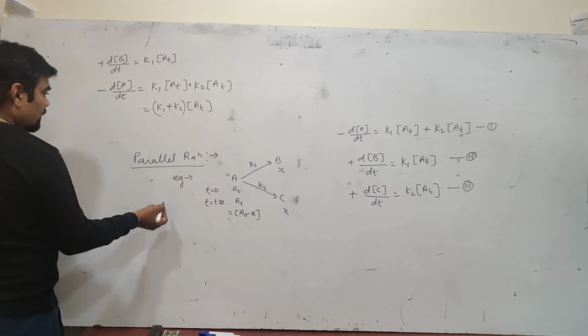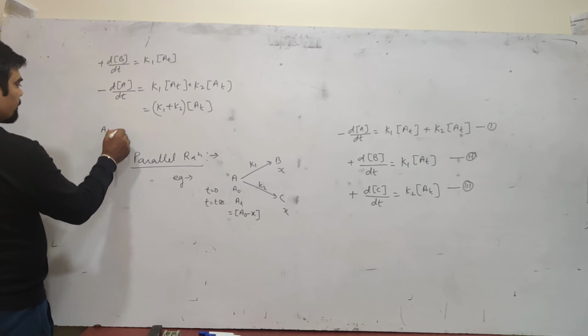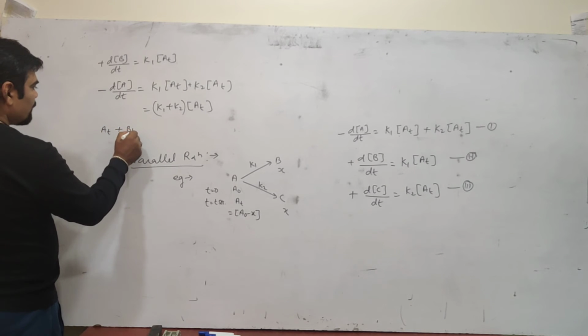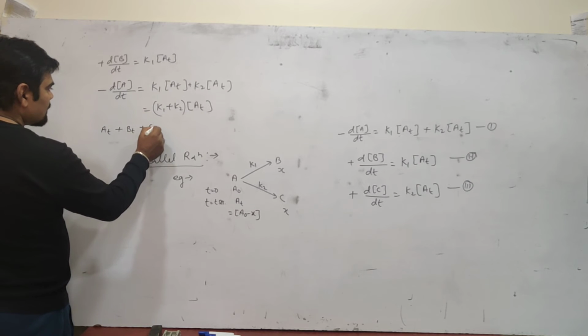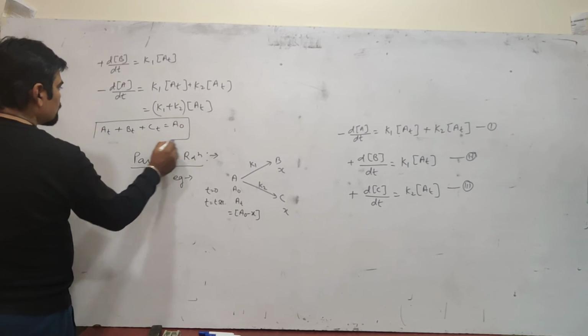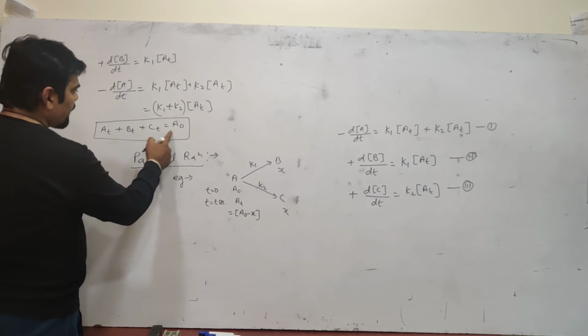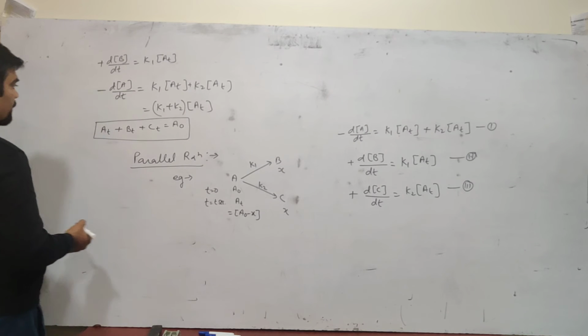Another thing we can say here is that the concentration of At plus Bt plus Ct must be equal to the initial concentration, so At plus Bt plus Ct must be equal to A naught.